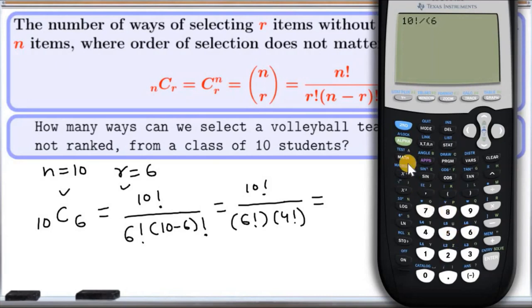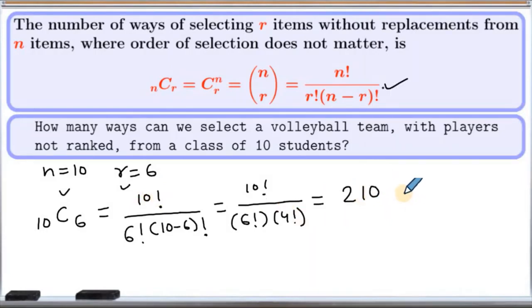Then we need 6 factorial, so go to math, go to PRB, then come down to 4, then hit enter. So that gives us 6 factorial times, we need 4 factorial. So type 4, then go to math, go to PRB, come down to number 4, then hit enter, then close your parentheses. So let's hit enter again. So that gives us 10 factorial over 6 factorial times 4 factorial, which is 210.